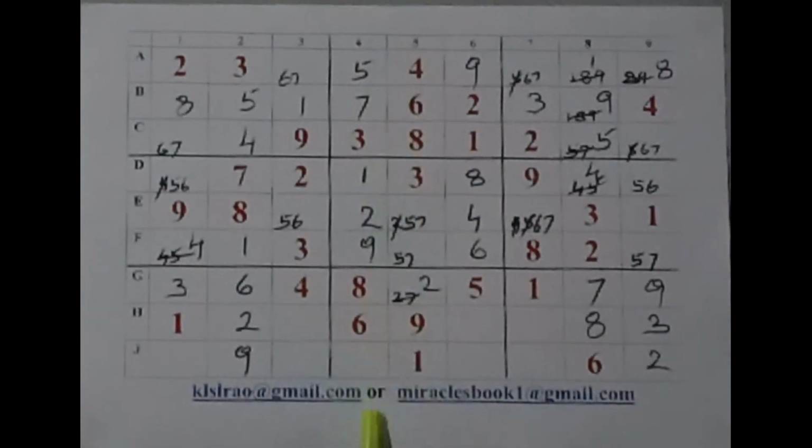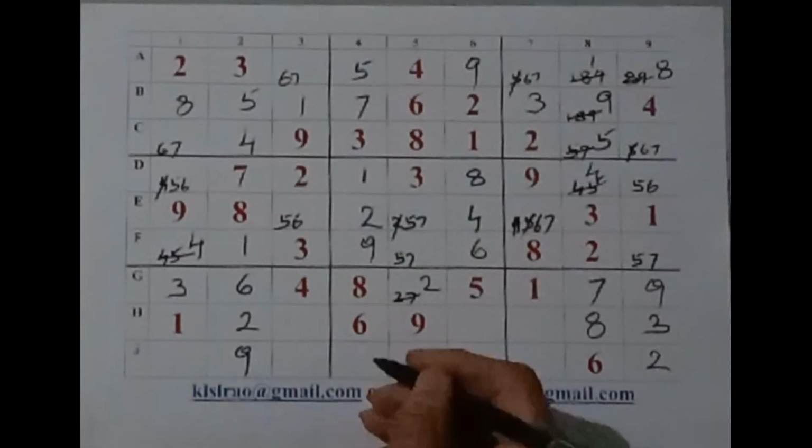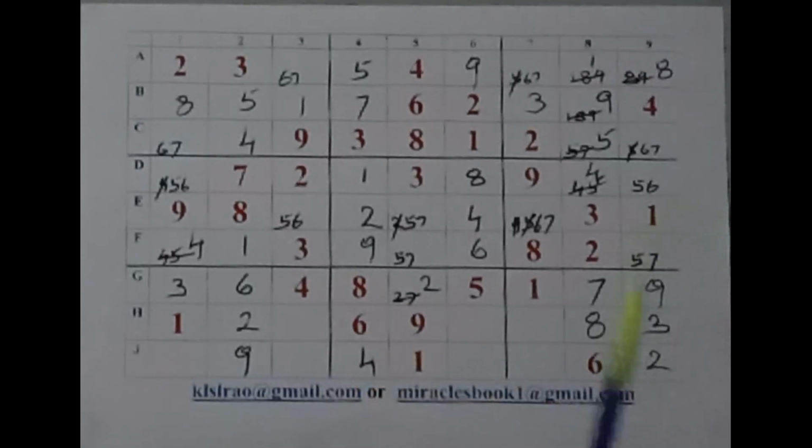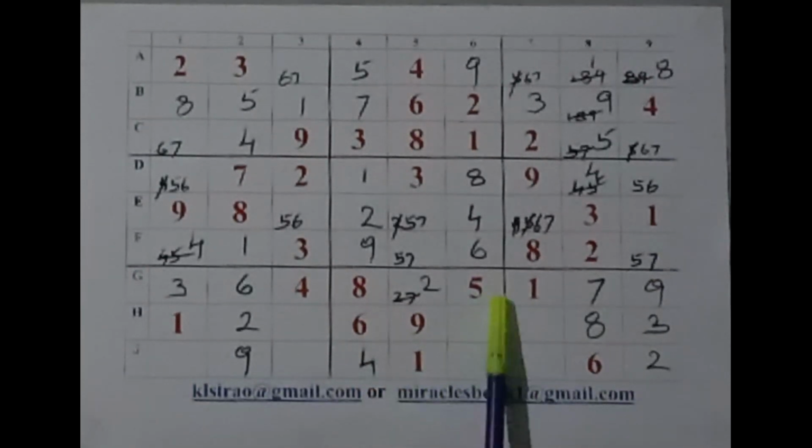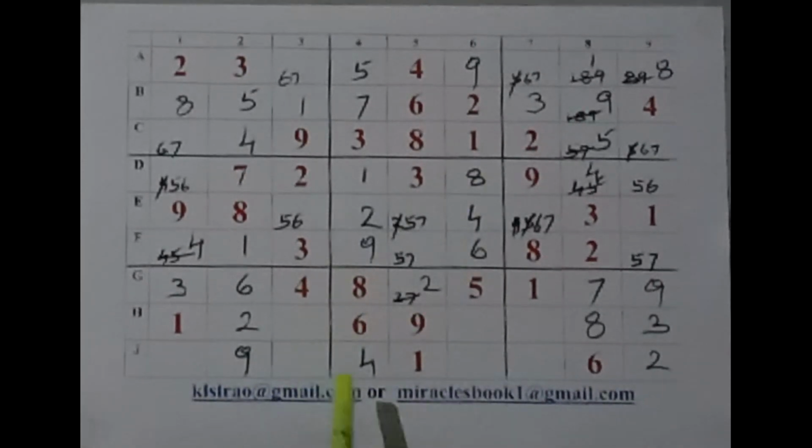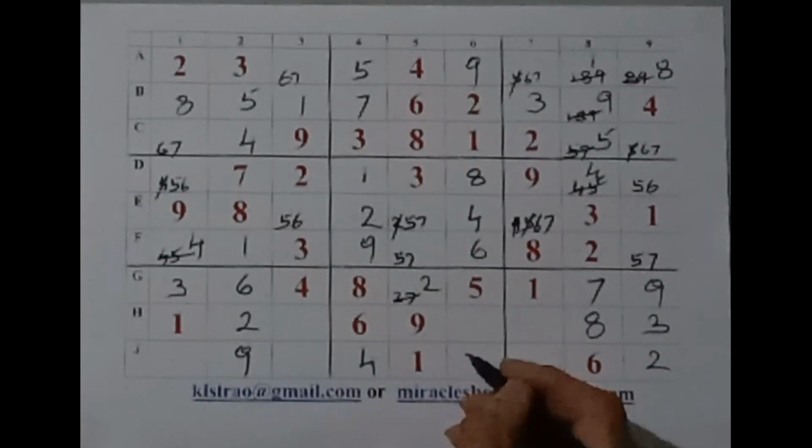Now look at this column 4. We have only one vacancy, that is for number 4 here. This is a place for a 4. And can we do something about these two cells? We need a 3 and 7. We have a 3 there, that means we can write our 3 here.